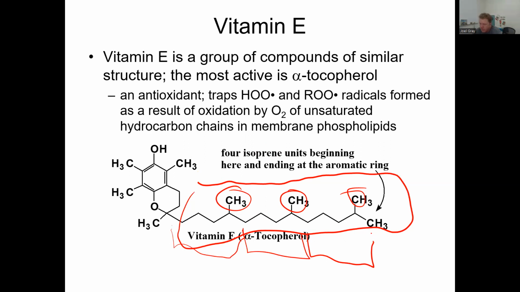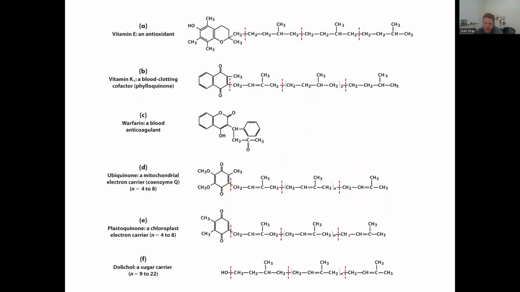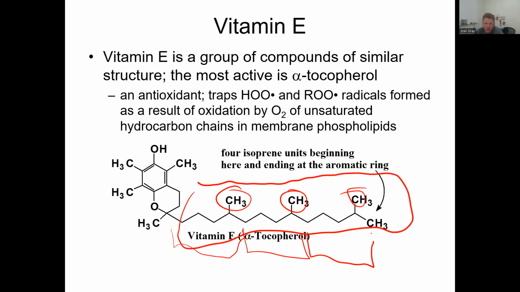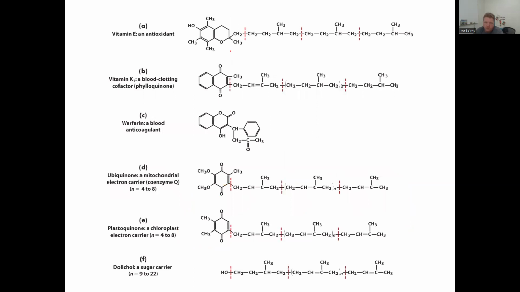Isoprenes are key building blocks for pigment molecules as well as cholesterol. If you go on to take metabolism, you'll learn about isoprene units in cholesterol biosynthesis. And I also want to bring that up here. It's a little bit better visualized here, here, here. So here are those isoprene units.